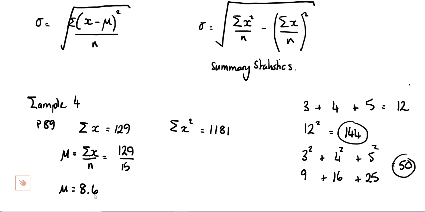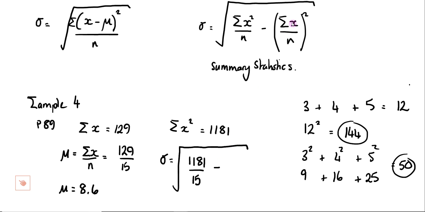So then we have to find the standard deviation. So we should use that one. We've got to do the square root of the sum of x squared over n. So that's 1181 divided by 15.